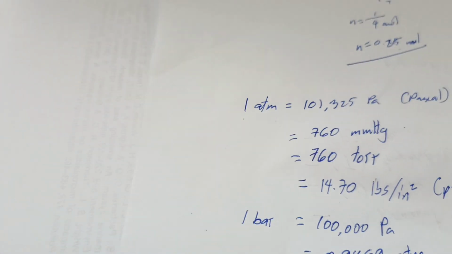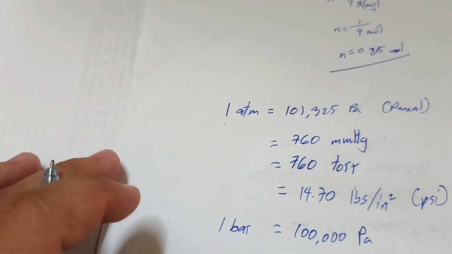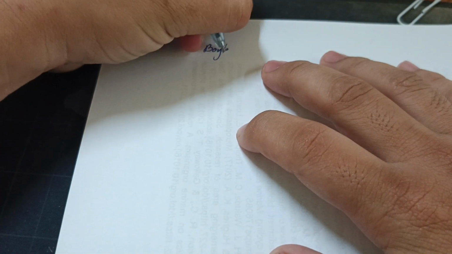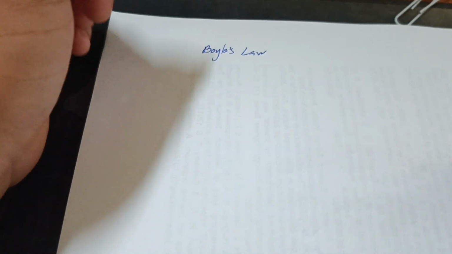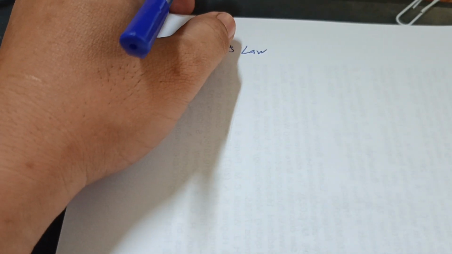And with this, we start with our first gas law. The gas laws, we have your Boyle's law. The first gas law is Boyle's law. Boyle's law is also known as the pressure-volume relationship.